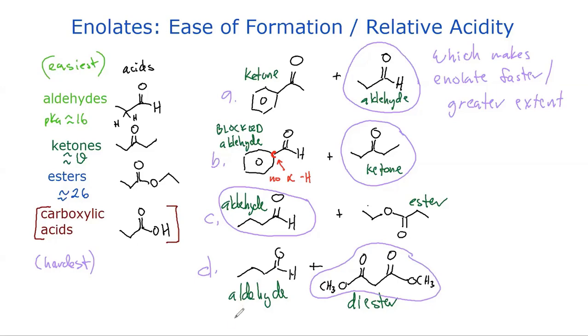In this case, it's actually not by much. So the pKa of this aldehyde is around 16. The pKa of this diester is about 13. It's only a difference of 3 pKa units, but remember, that means a difference in acidity of about 1,000.